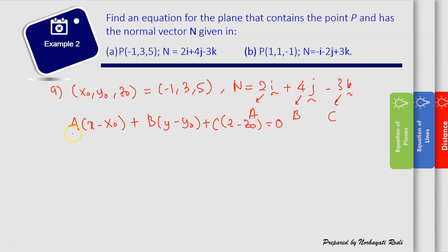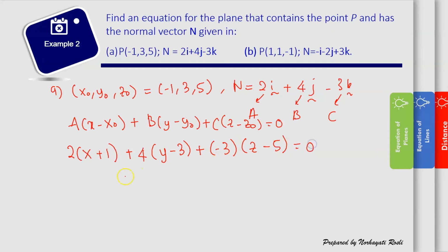I can substitute in this equation. So I have here 2 times x minus x naught, which is negative 1. So minus minus becomes positive, so plus 1, plus b, so plus 4, times y minus 3, plus c, negative 3 for c, times z minus 5, equal to 0.